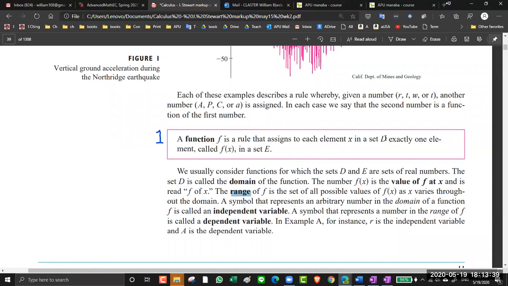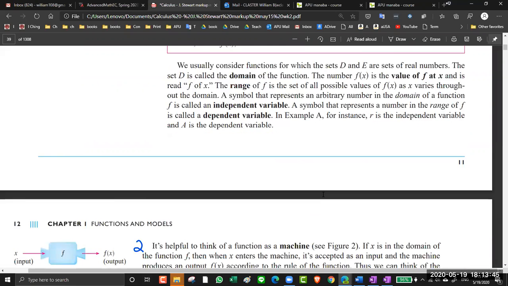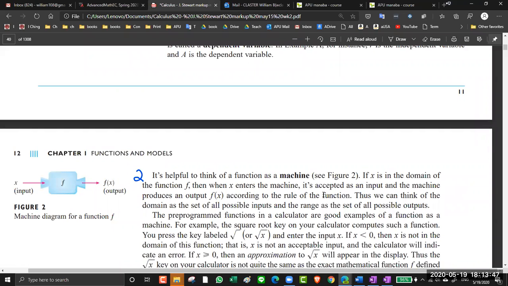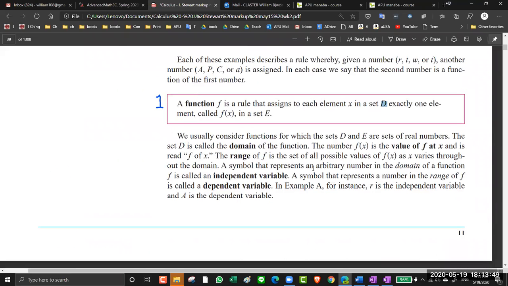So that's the definition of a function. Let's read it. We usually consider functions for which the sets D and E are real numbers, but they don't have to be real numbers.